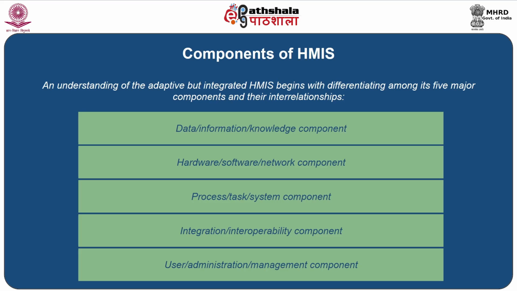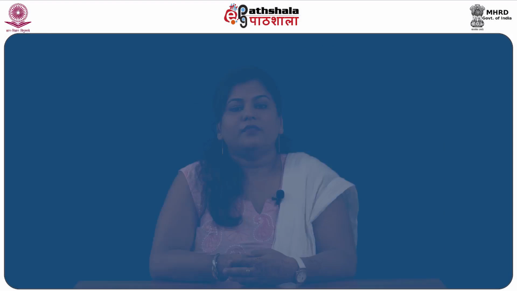These components are as follows: data or information or knowledge component, hardware or software and the network component, the process, task or the system component, integration component, the user, administration or the management component. These are the 5 important components whose interrelationships are important to be understood to have an integrated HMIS.